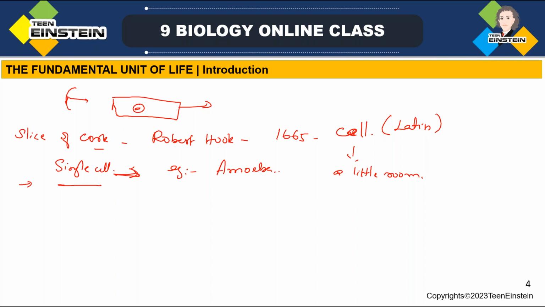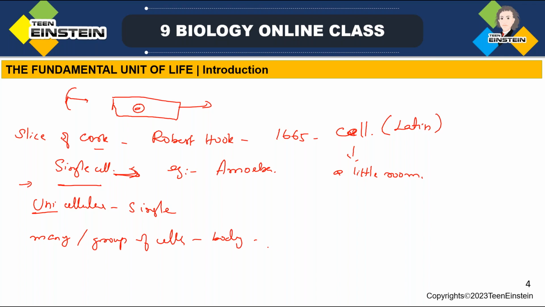Then Chlamydomonas, paramecium, bacteria, all these are unicellular organisms. Unicellular means uni, single. On the other hand, many cells or a group of cells together form a body, which makes another kind of organism.